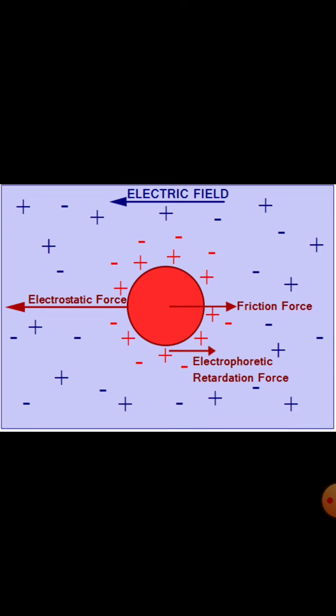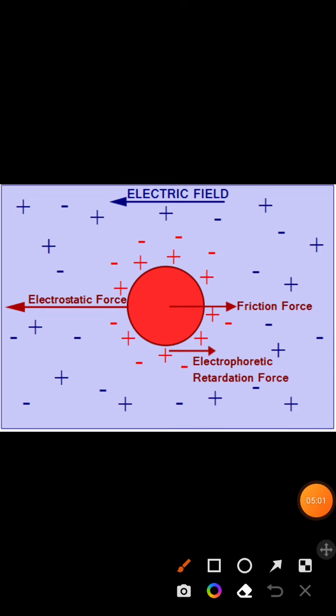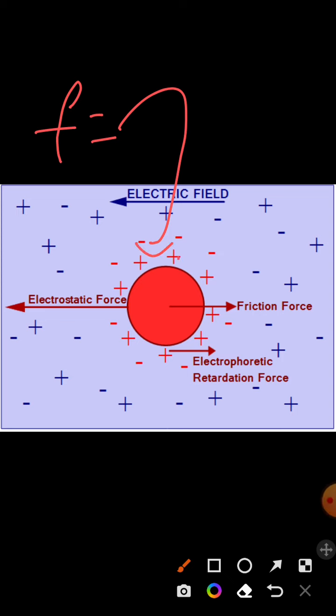We have already discussed the frictional coefficient in our centrifugation principle video. Here also the frictional coefficient is working, and it depends on the size and shape of the migrating molecule and the viscosity of the solution through which our particle is moving.